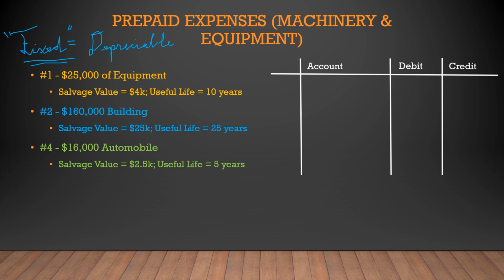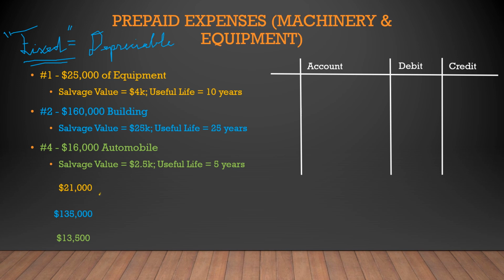We'll first figure out the annual depreciation for each group of assets in the same manner. First, subtract each asset's salvage value from its respective cost to get its depreciable amount. The equipment will have a depreciable cost of $21,000, the building $135,000, and the automobile $13,500.